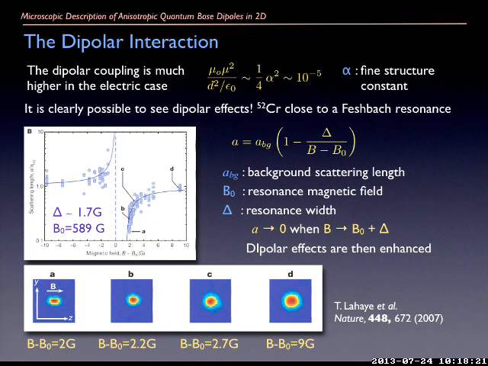For chromium, the strength of the dipolar interaction is small compared to the scattering length of the system, as we said before, but still you can do that. You can see the effects by going close to a Feshbach resonance.